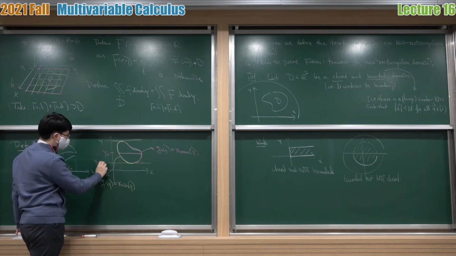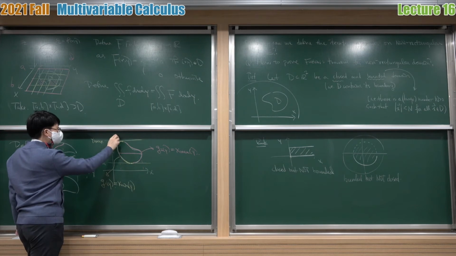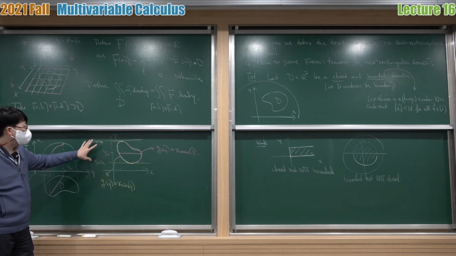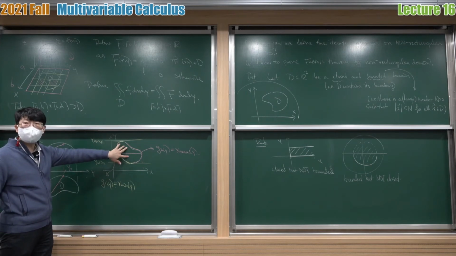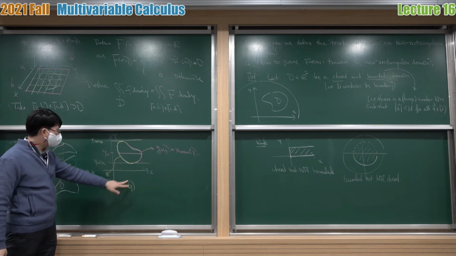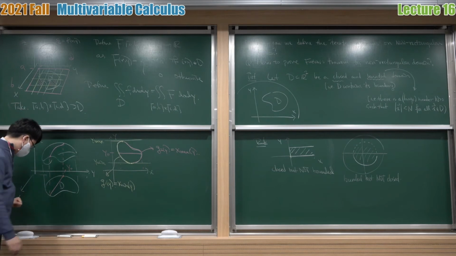So y min is here, and y max is here. So y min and y max are constants, taken inside of the entire domain D. Okay, so these are constant, but x min and x max are not constant; they are functions of y.